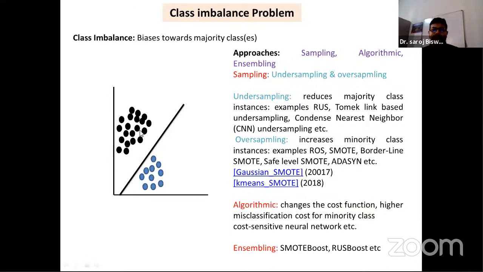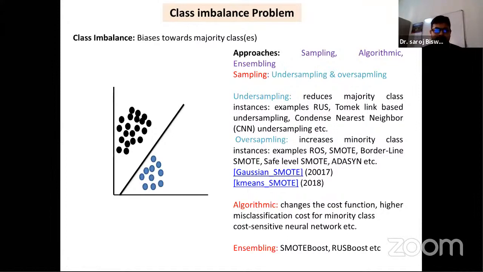Means whenever we have a data set, the data set has to be trained, or some kind of machine learning classifier has to be trained with the help of that database. If the database is imbalanced, then the classifier biases towards the majority class. What is the meaning of biases towards the majority class?